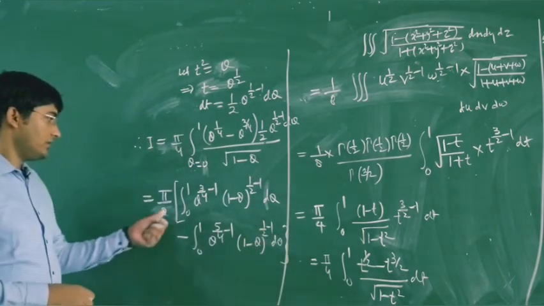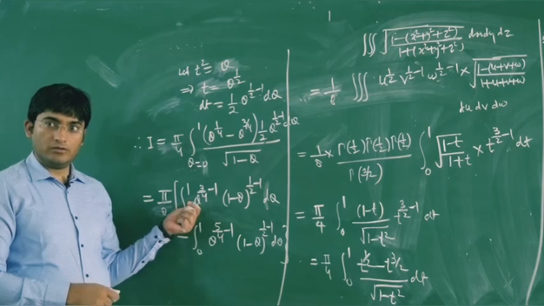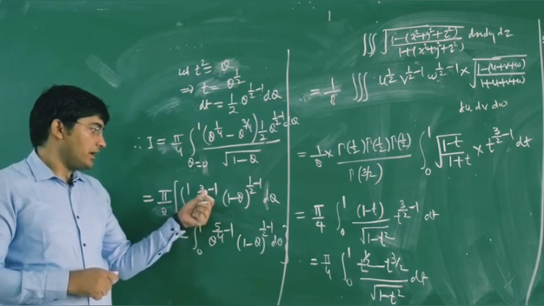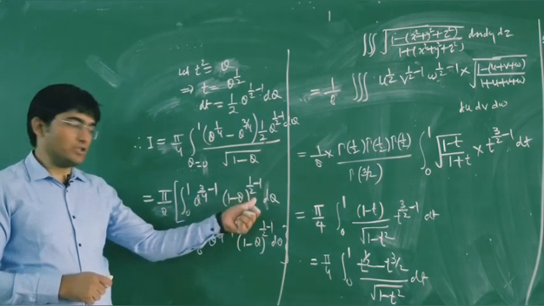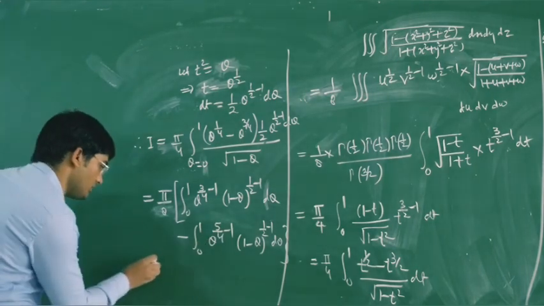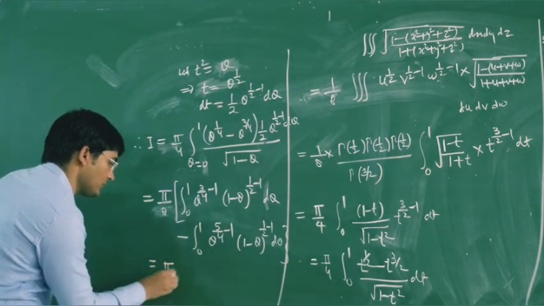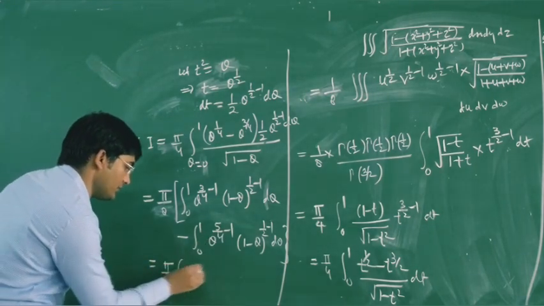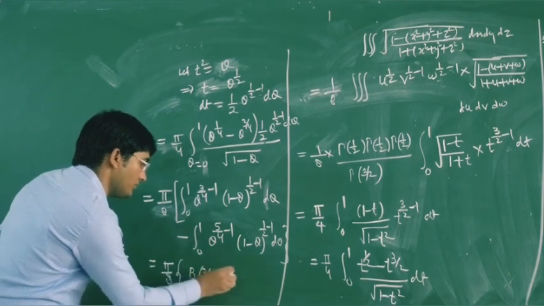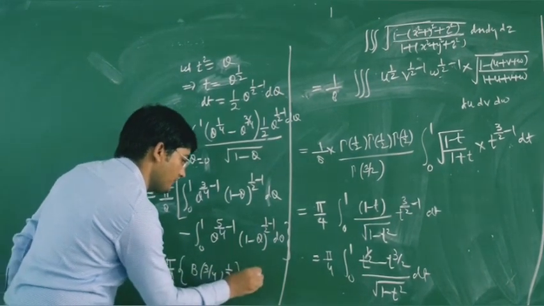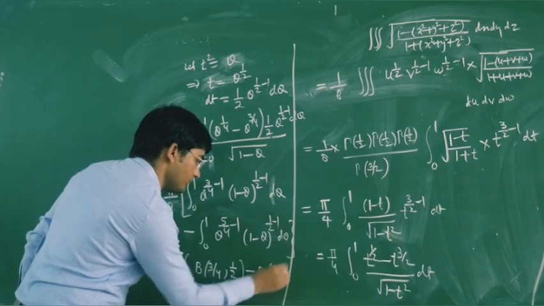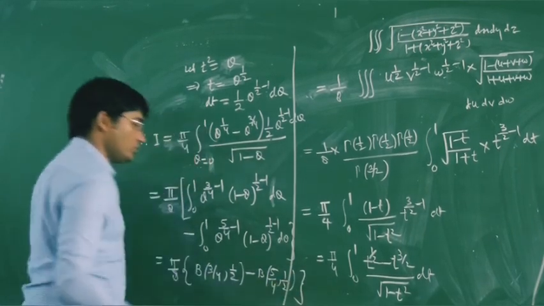Now you can see that this is your definition of beta function, which is x power n minus 1 into 1 minus x power m minus 1 into dx. So this is equal to pi by 8, and in the bracket we will have beta 3 by 4 comma 1 by 2 minus beta 5 by 4 comma half. So this is your solution.